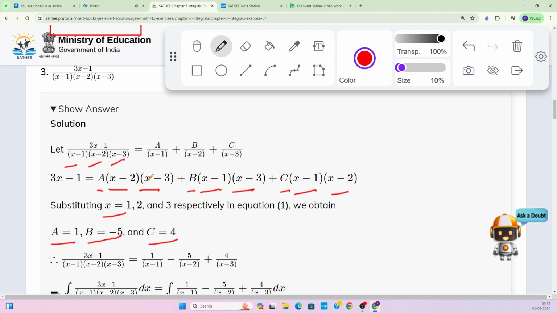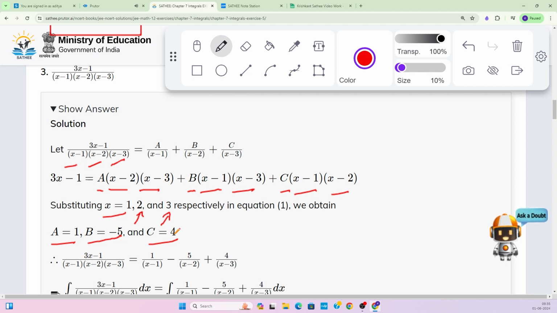Minus 1 times minus 2 gives you 2a. So 2a is equal to 2, which means a is just 1. The same thing happens if you put x is equal to 2, you will get the b value, and x is equal to 3, you will get the c value, as minus 5 and 4 respectively.